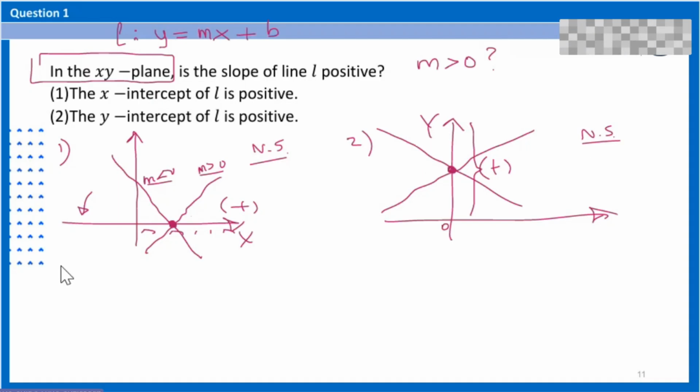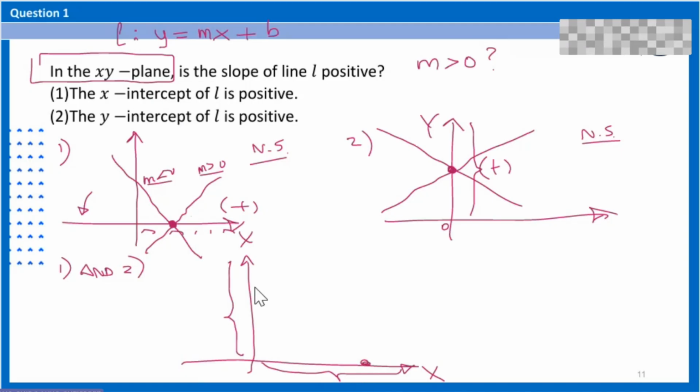And now you are compelled to analyze the two statements together, the two conditions being true at the same time. So notice what will happen. The first tells you that the line crosses in any point in this part of the x-axis, let's say something like this, and the second one is telling you that the line crosses in this half of the vertical axis, let's say a point like this.